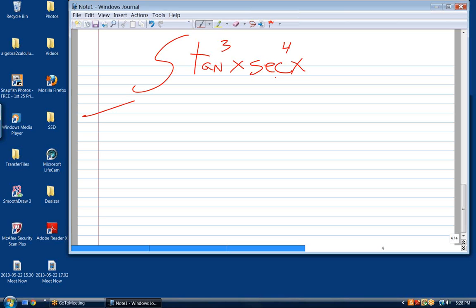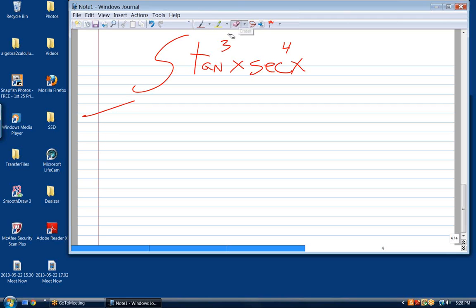Let's make it like that. I guess I could do the same thing that I just did. I could pull out a tan secant, turn the remaining tan squared into secant squared minus 1, and do it the way I just did it. But I can also do this a different way.